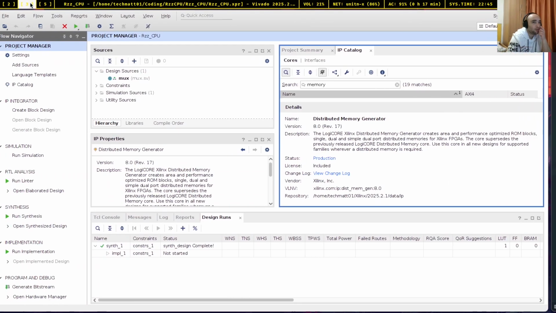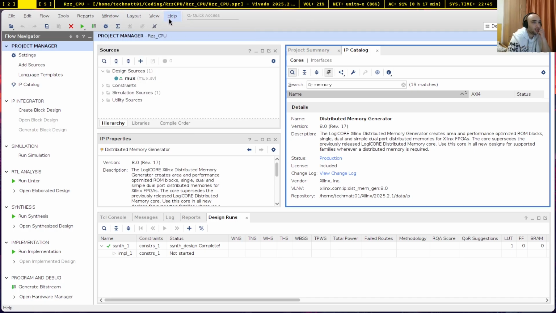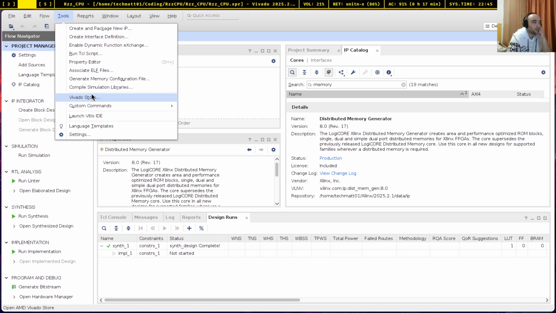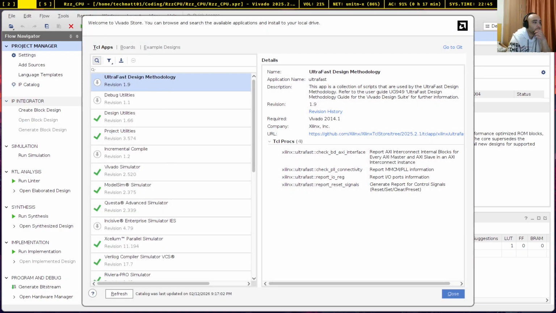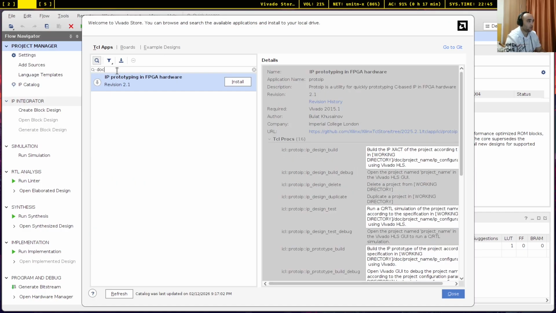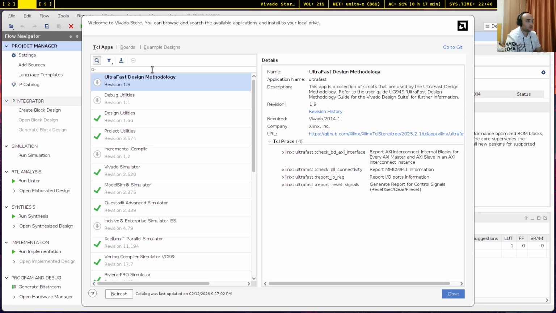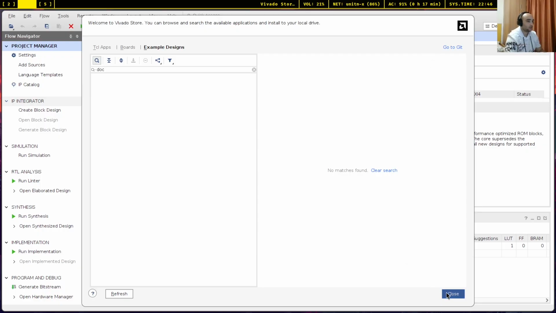I don't understand why I'm not able to open the documentation. Probably I didn't install the docnav. Yeah, let me see. Can I search? Doc. No. No, this is not what I'm searching for.